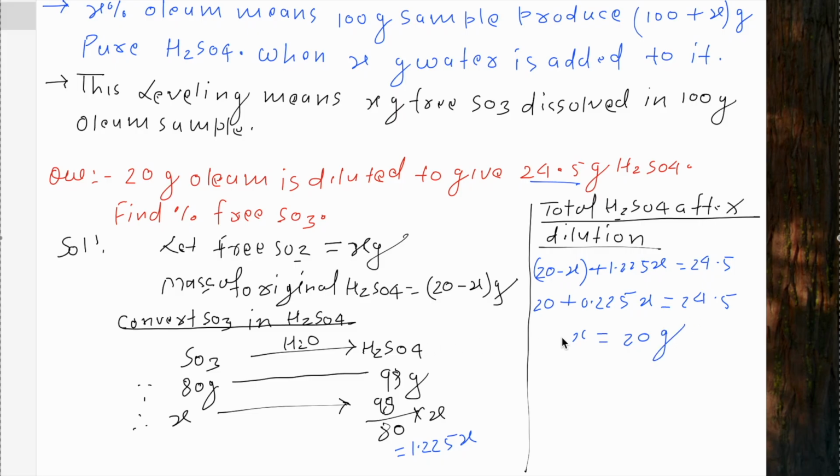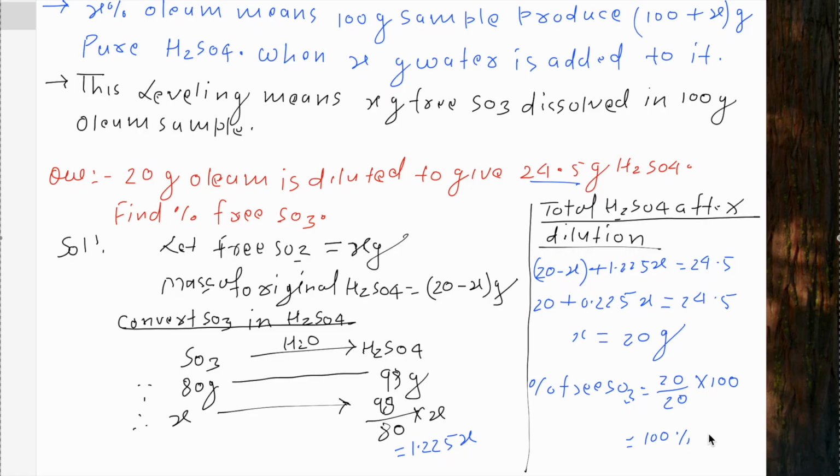Now initial formula we will use. What was that? It was mass of SO3 upon mass of oleum into 100, we can get percentage free SO3. So free SO3, directly I am writing here 20 by 20 into 100, that is 100%. We can get like this.